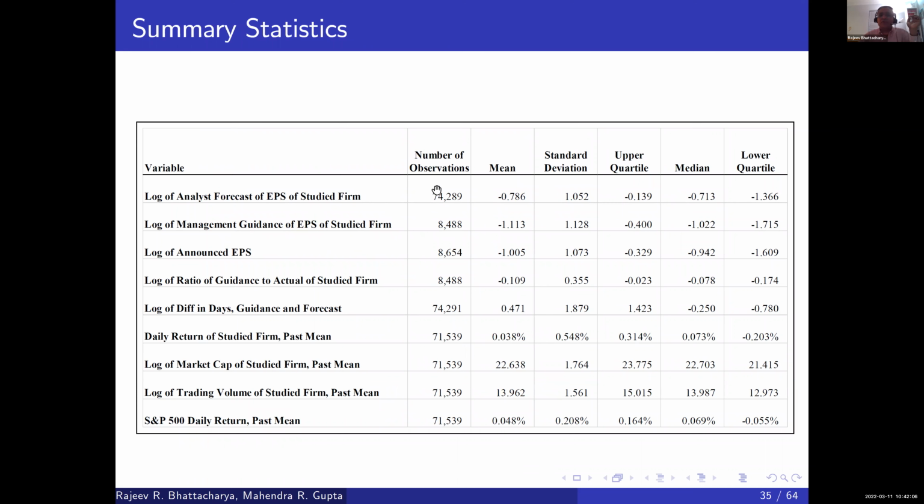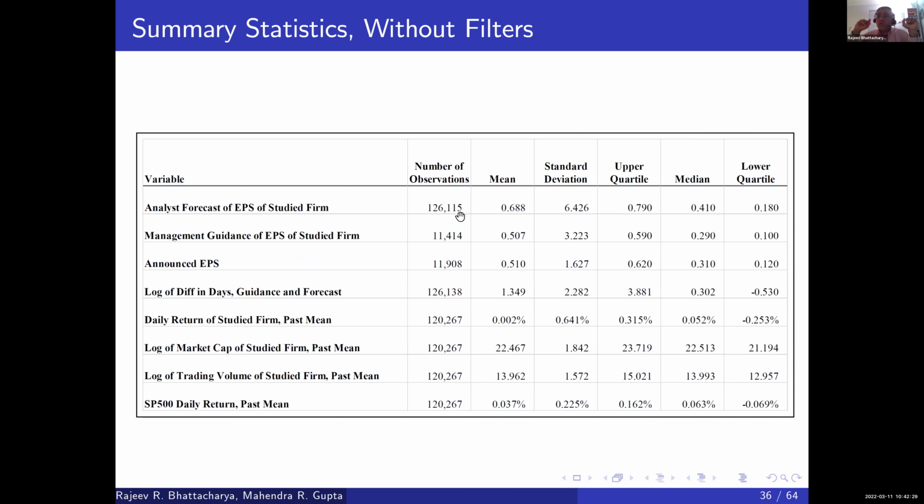As you can see, the number of observations under our filters of analyst forecast is 74,000 for this time period, and I'll just focus on the top two rows, 74,000, and the number of management guidance observations that we have is 8,488. Without the filters, look at the numbers now. We have 126,000 observations of analyst forecast, and management guidance 11,000 observations. So Tom, your intuition was very correct.